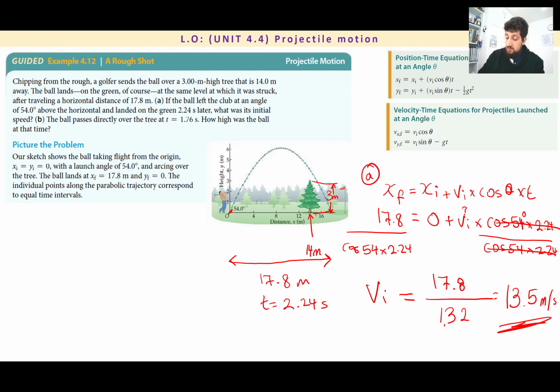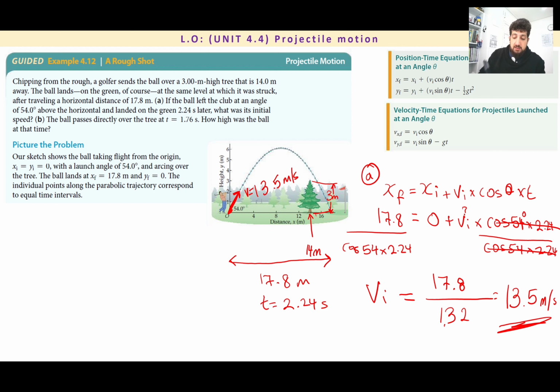And that is the initial velocity. That is this velocity here. V equals 13.5 meters per second. Okay? And that's how you work out V.